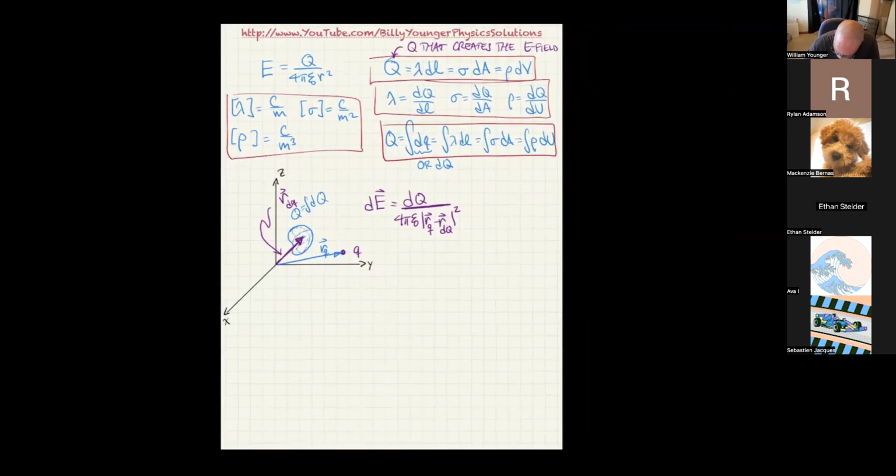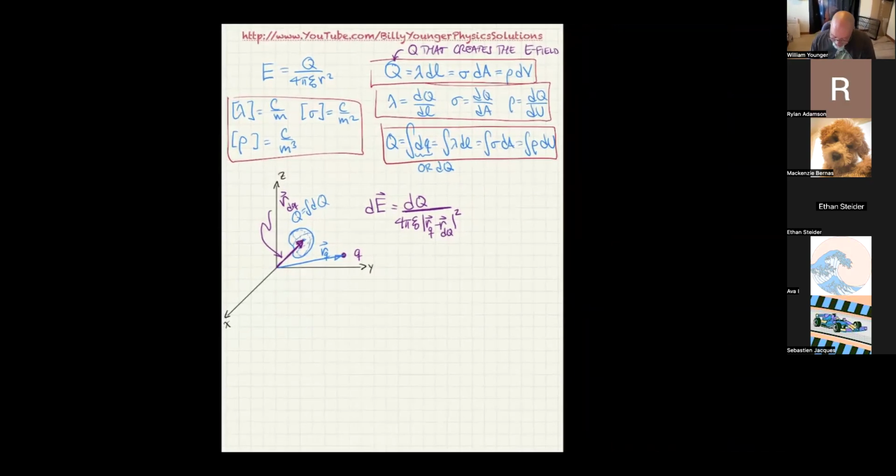So there's my DQ. Now I need a vector that's exactly parallel to RQ minus RDQ. So I'm just going to use RQ minus RDQ. That's the actual vector.